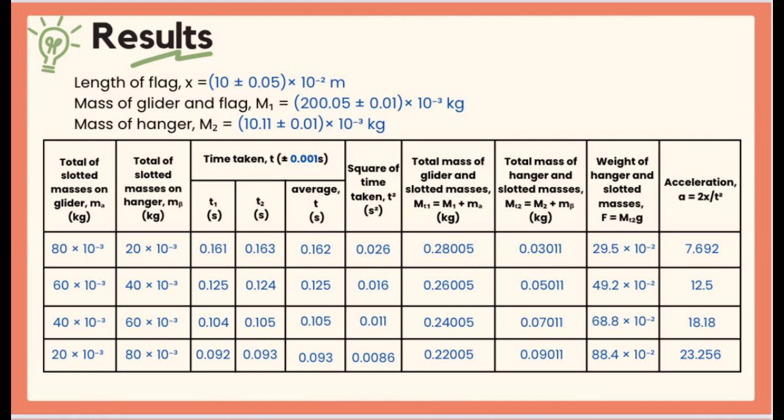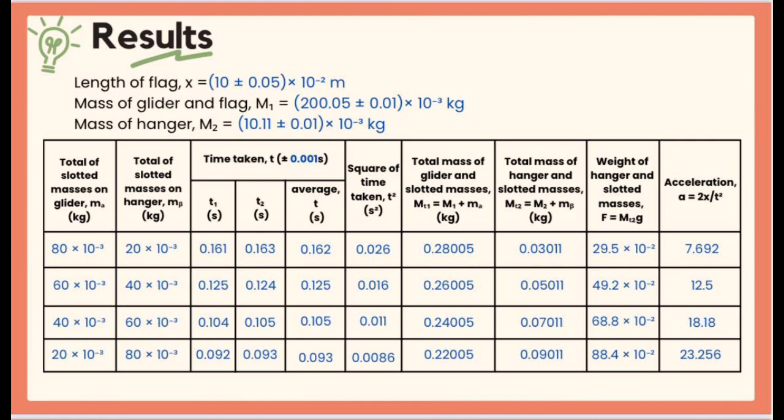The average for the first one is 0.1262, and the second one is 0.125, the third one is 0.105, and the last one is 0.093.